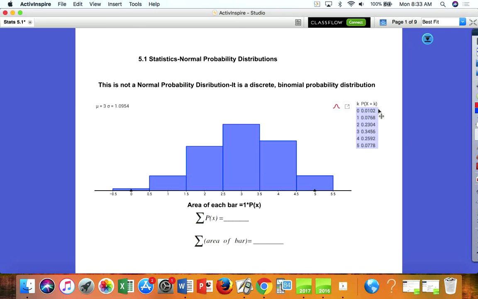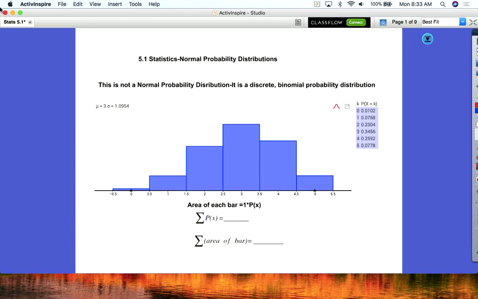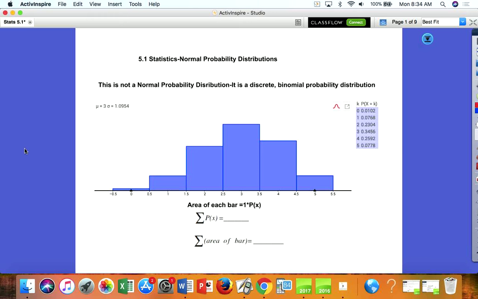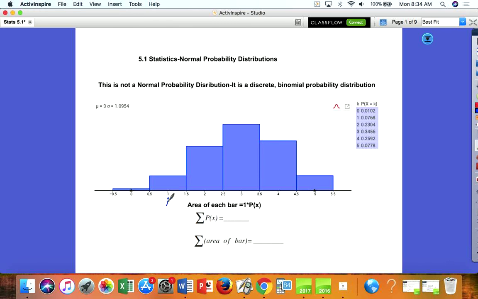Let's look at a couple of them here. What I'm saying is that this is a width of 1, and this is a height, in this case, of 0.07.